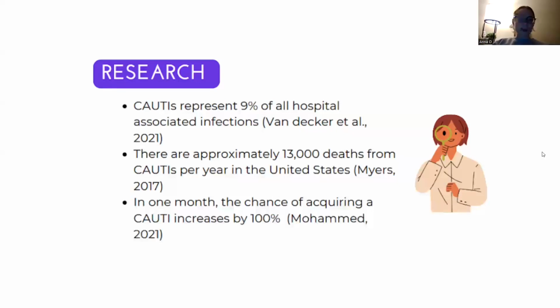In the United States, there are 13,000 deaths per year due to the infections caused by CAUTIs. If you have your indwelling catheter for 1 month, your chance of acquiring a CAUTI increases by 100%. So our group felt that focusing on quality improvement controls for managing long-term indwelling catheters was a good thing to focus on.